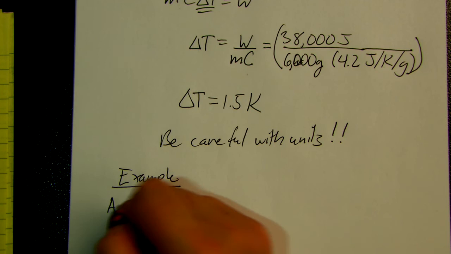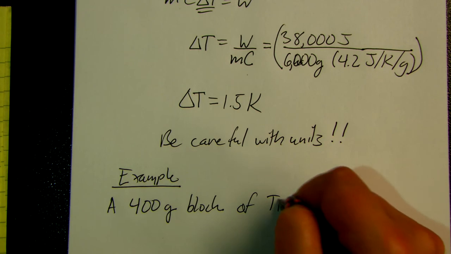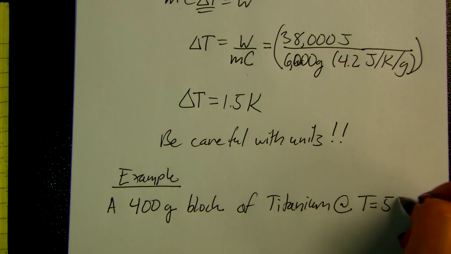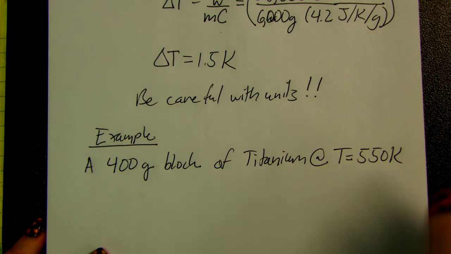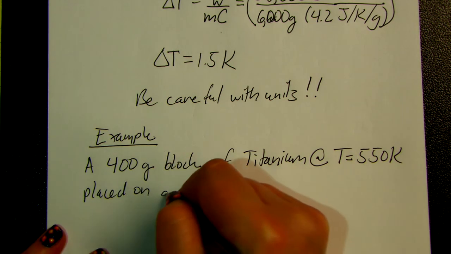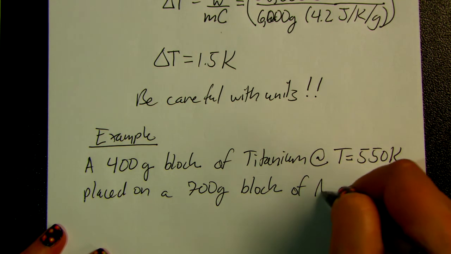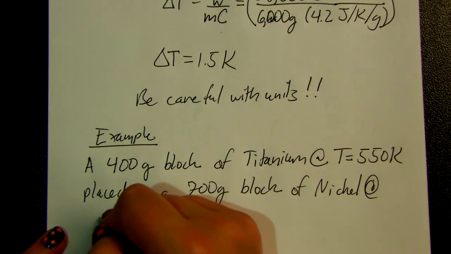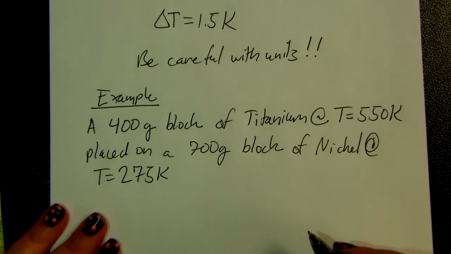All right, so you have a 400-gram block of titanium at a temperature of 550 degrees Kelvin, placed on a 700-gram block of nickel with a temperature of 275 degrees Kelvin.